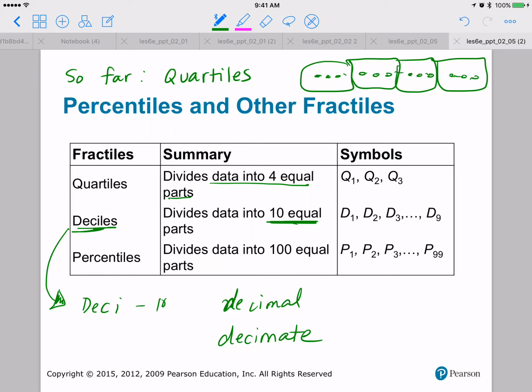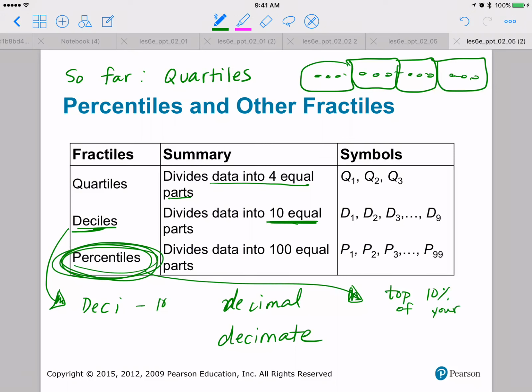All right. And then lastly, percentiles. And we're actually used to saying percentiles because imagine how many times you might say, oh, are you in the top 10% of your class? What that means is line up everybody in your class, maybe according to GPAs, right?